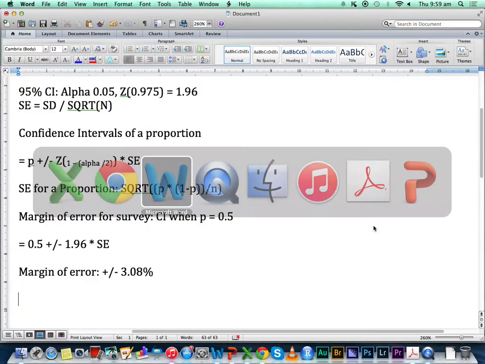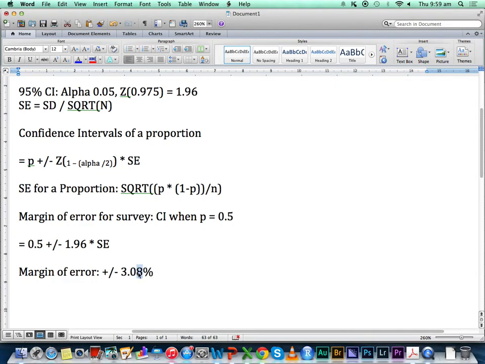Actually, for percentage, there's no point in making it too precise. But you are correct.